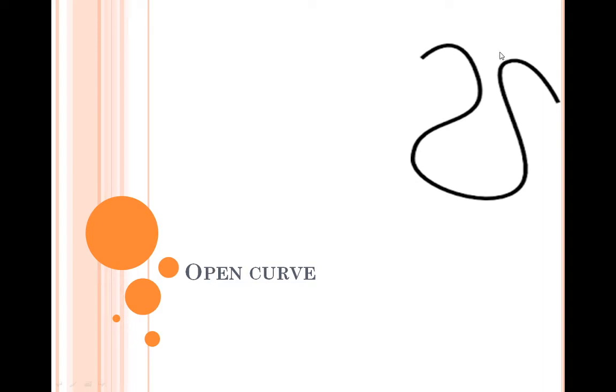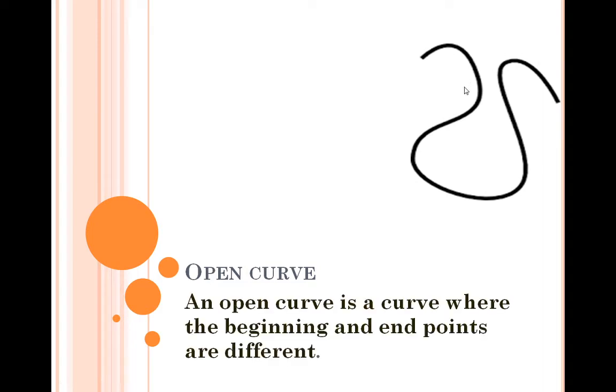This side is open. So an open curve is a curve where the beginning and end points are different. Look here, this is the beginning point, and from the beginning point we draw this curve and this is the end point. So the beginning point and end point are different.